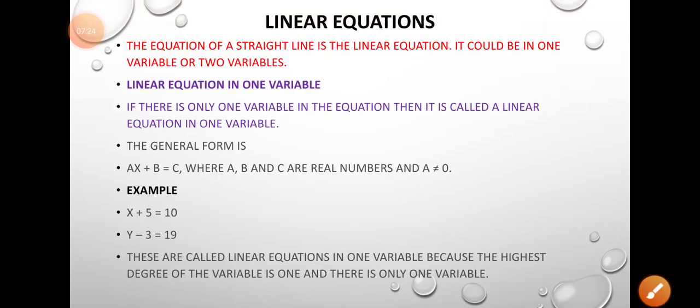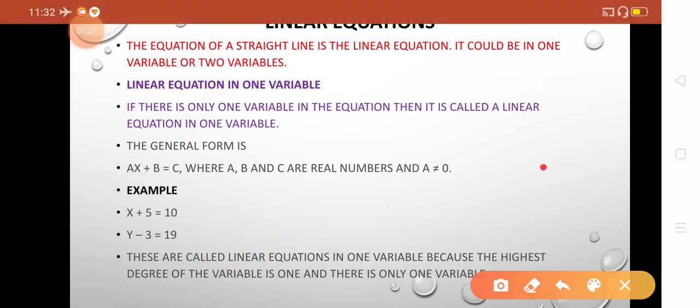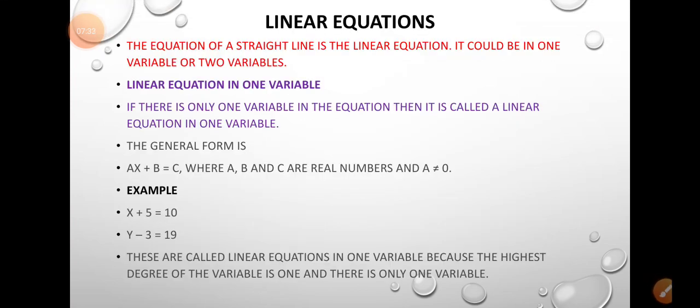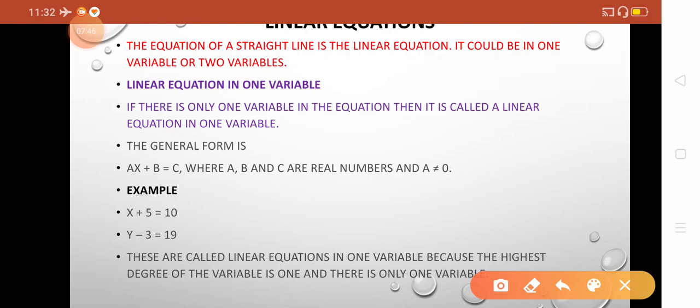Clear? Next, linear equation. Similar to the expression, the equation of a straight line is a linear equation. It could be in one variable or in two variables. So what is a linear equation?